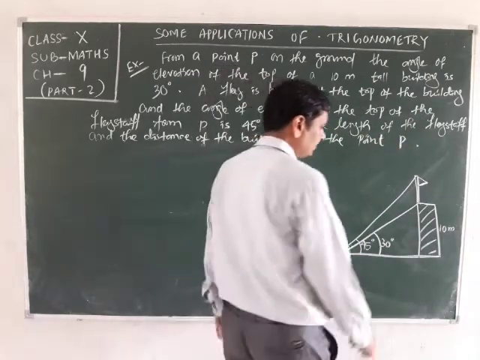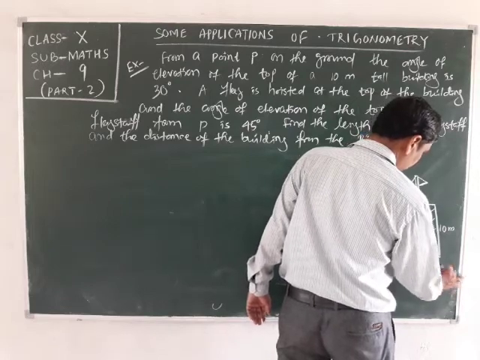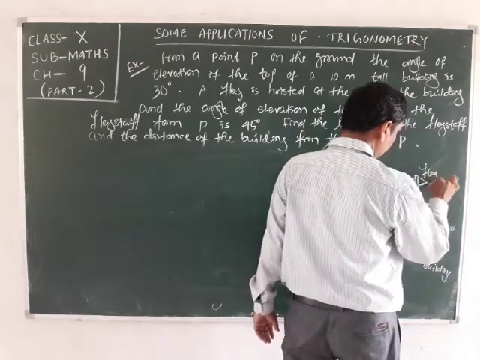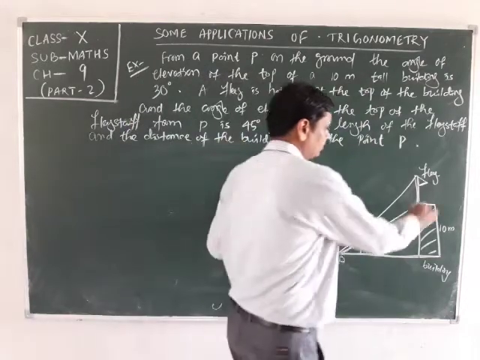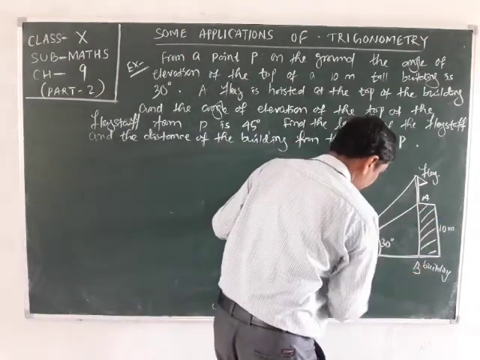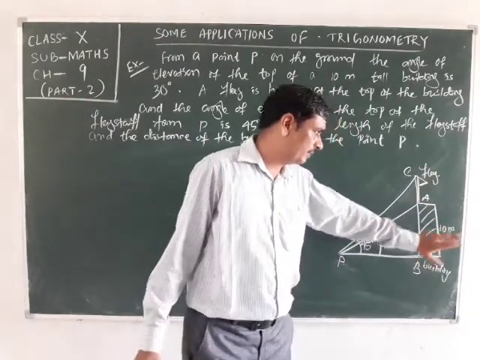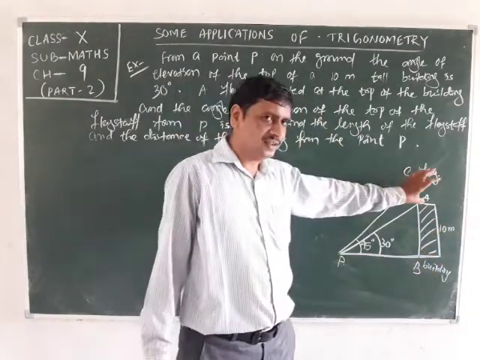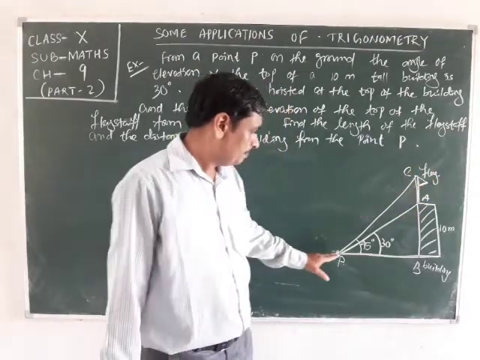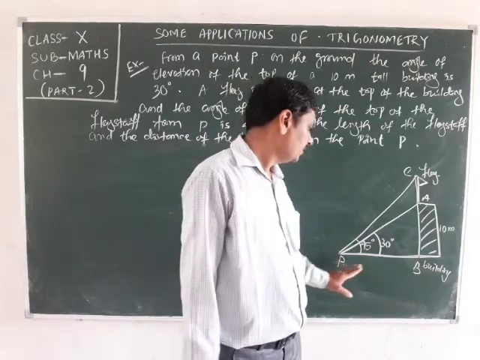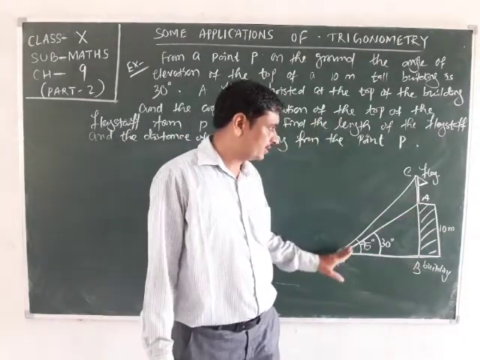Name the points A, B, C. Here AB is the building of height 10 meters. AC is the flagstaff present at the top of the building. P is a point from where the top of the building as well as the top of the flagstaff is observed.